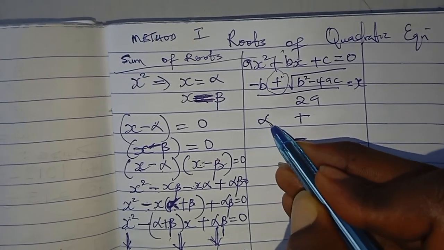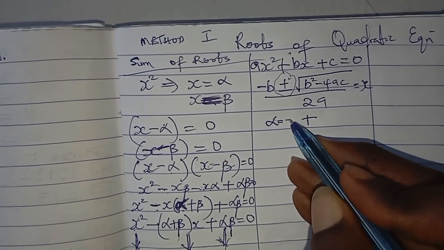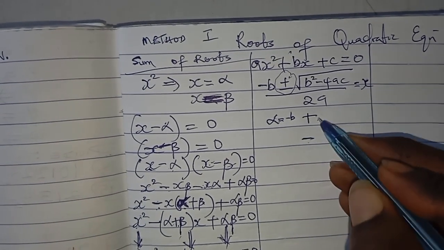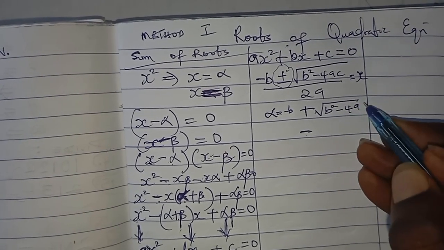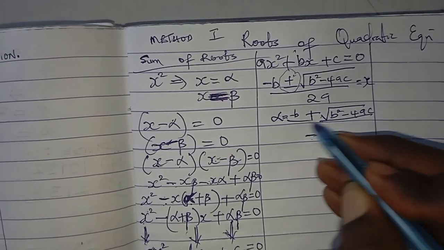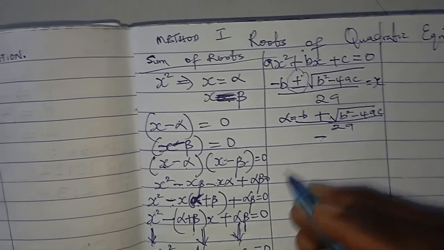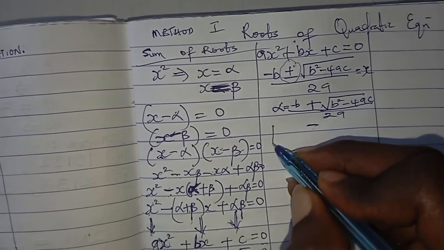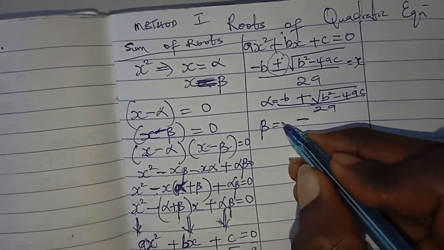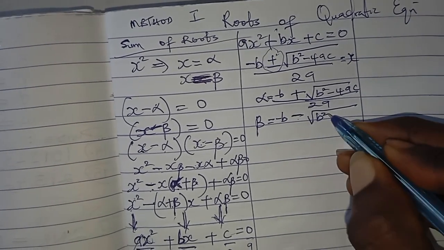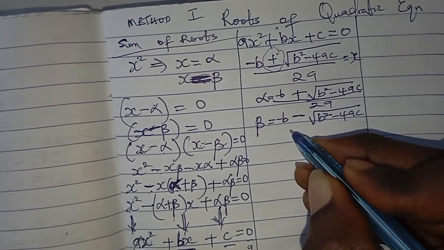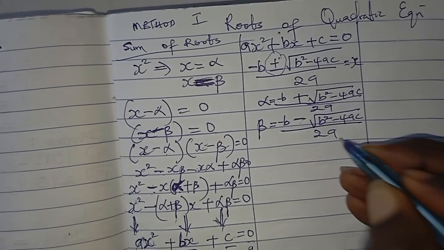So we can say let alpha be equal to minus b plus root b squared minus 4ac all over 2a, and let beta be equal to minus b minus root b squared minus 4ac all over 2a.